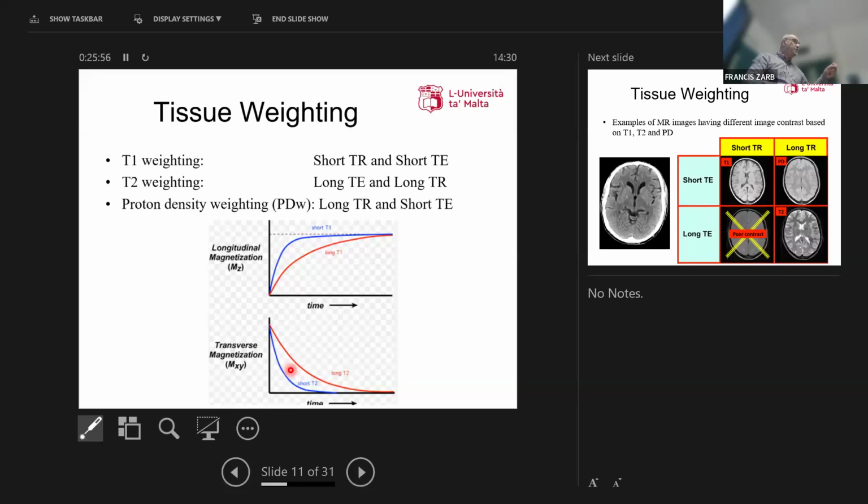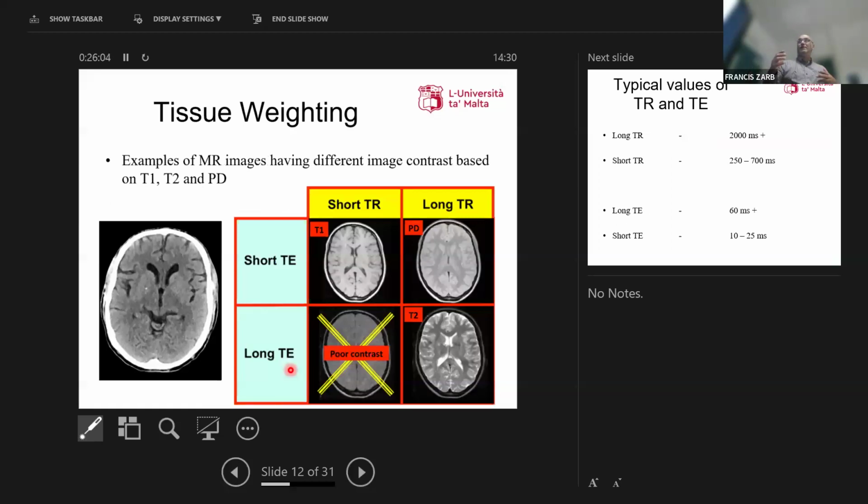Don't forget that tissues have different characteristics, different relaxation times. So if you compare the MR images, basic MR images, T1, T2, and proton density, though they have different contrasts, you can appreciate the different contrasts on the image, compared to CT.